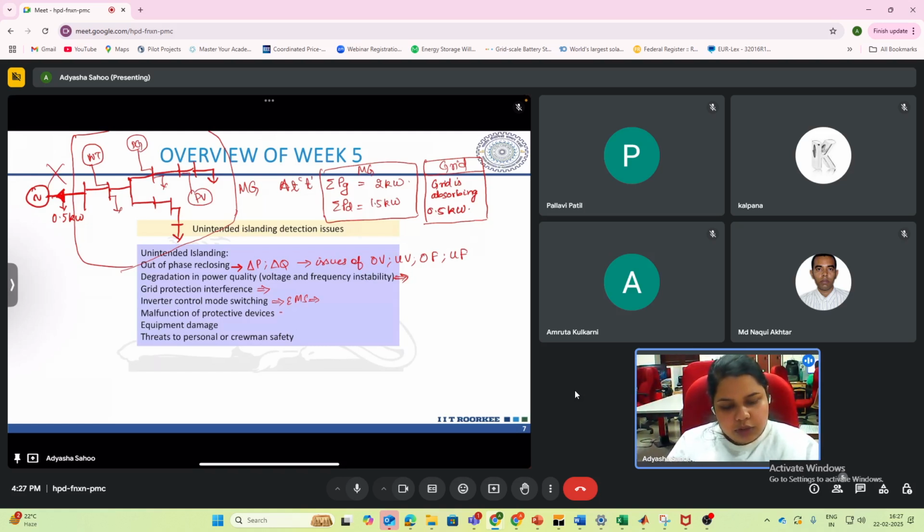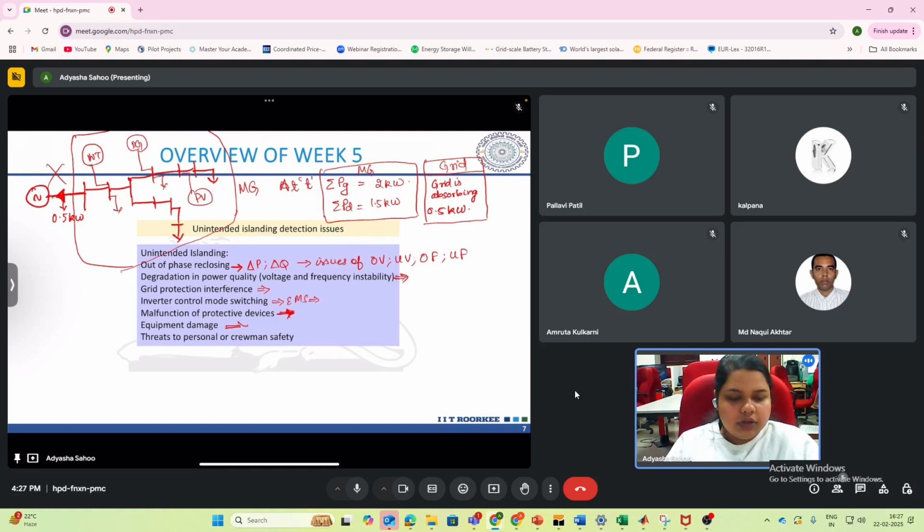Then malfunction of the protective devices. We will see that due to this islanding, some relays may trip even if it is not a faulty condition. We will see how different protection issues take place due to islanding. Then equipment damage, because of under voltage, over voltage, under frequency and over frequency issues.